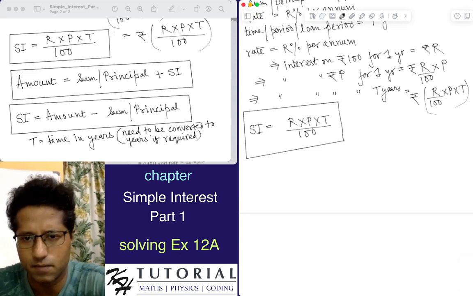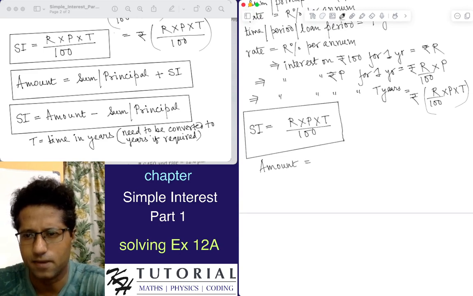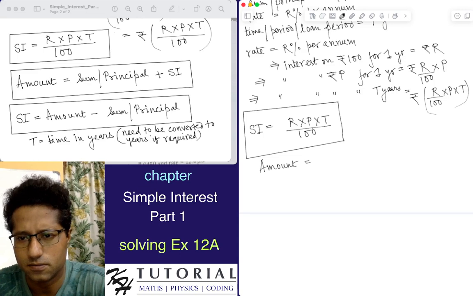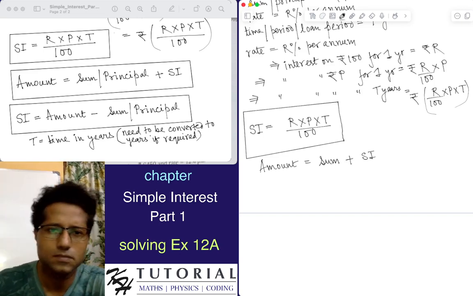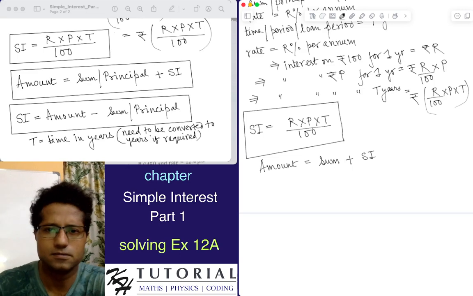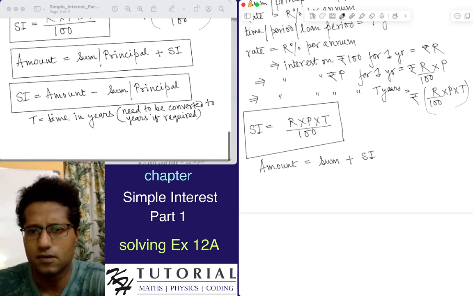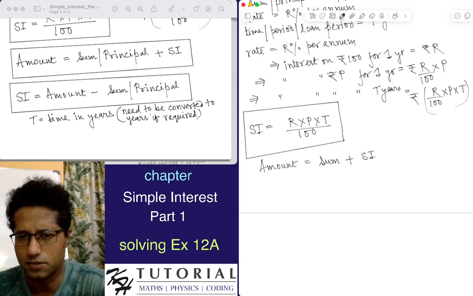Now what will be the amount? The amount is the total money that the borrower will have to pay after the period ends. That is the interest plus the initial principal. So this is nothing but the sum or the principal plus the simple interest. So these two formulas you need to remember, nothing else. This is the end of the theoretical discussion of simple interest and all its terms.